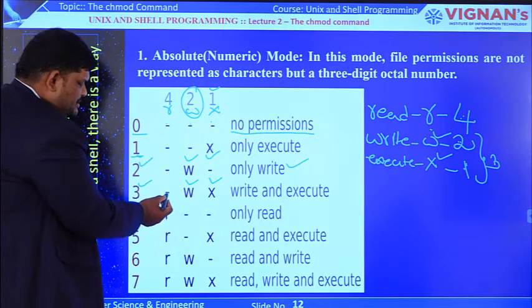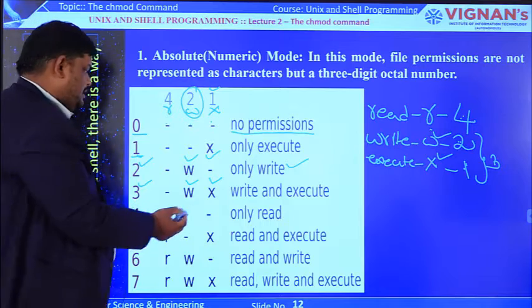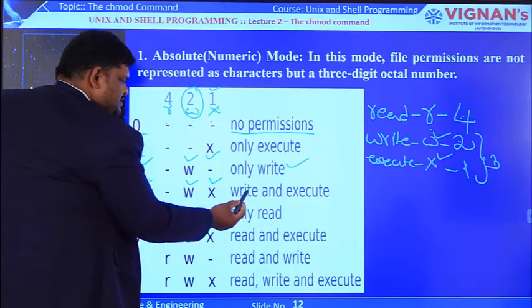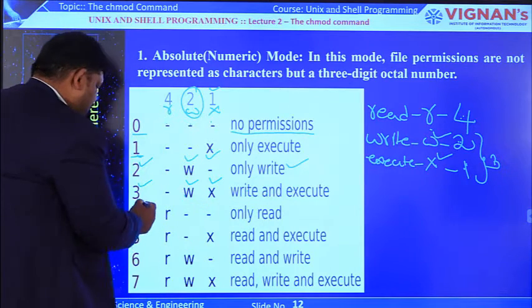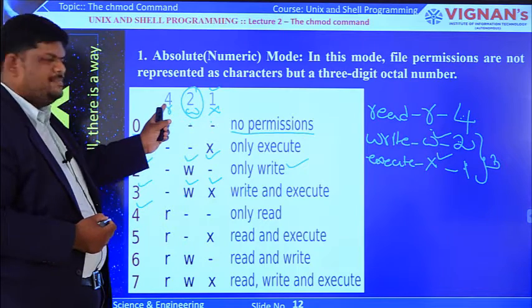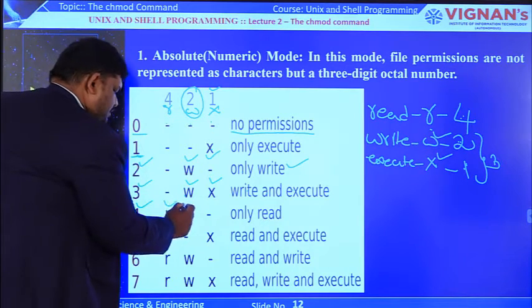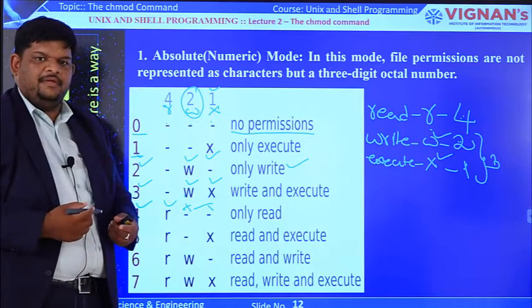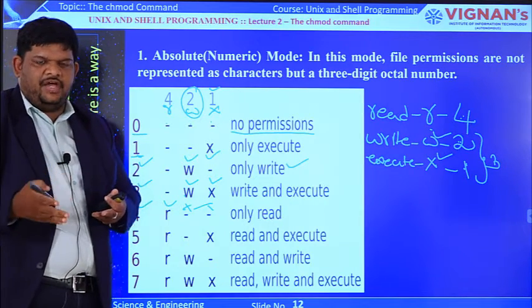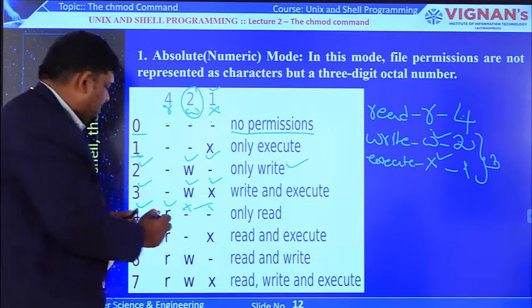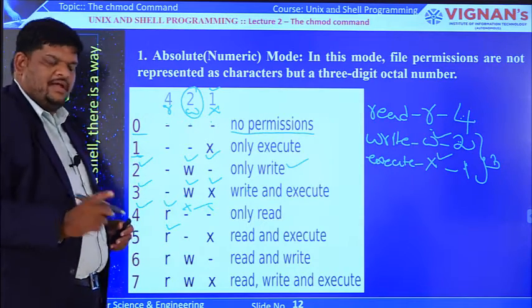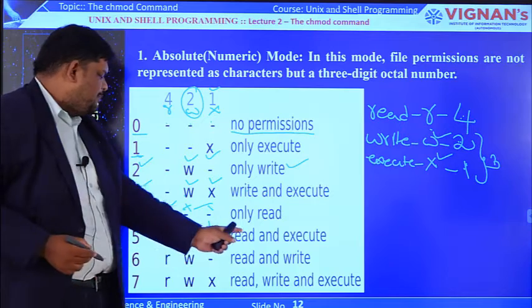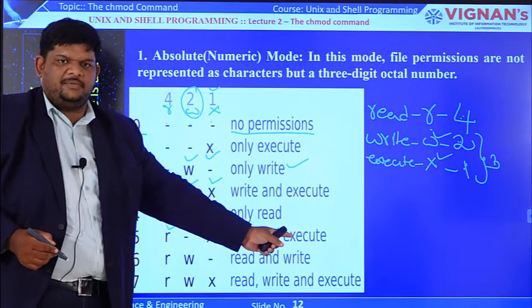The hyphen indicates no permission. Value 4 means read permission straight away, no write, no execute. How does 5 come? By adding 4 plus 1. We know 4 is read and 1 is execute, so we provide read and execute permissions.